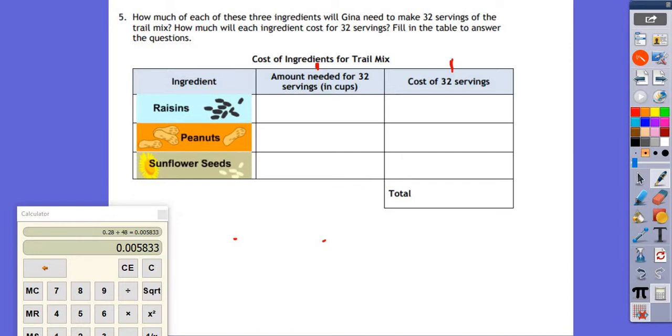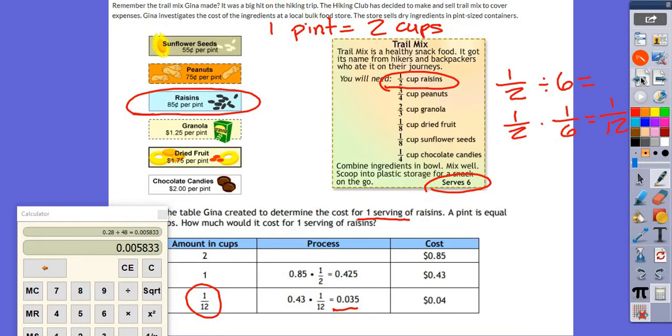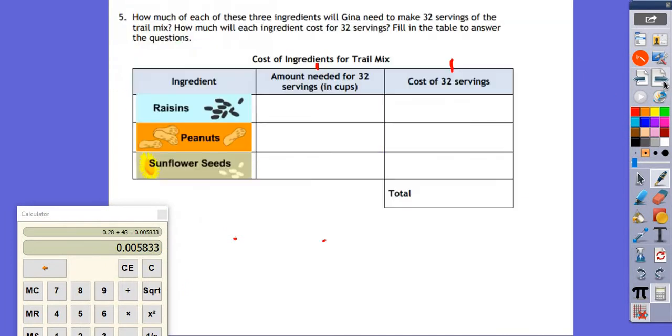All right, so this first column, let's look at raisins. I'm pretty sure back in problem 1, we saw how much cups of raisins was in one serving. How much was in one serving? 1/12. So there was 1/12 of a cup we'll have to work with.